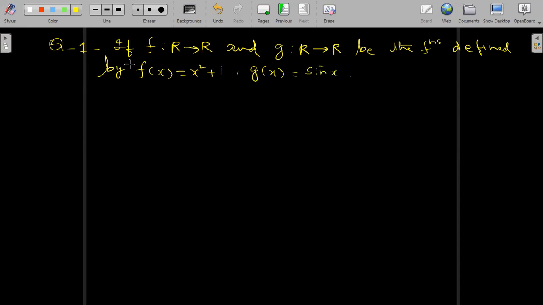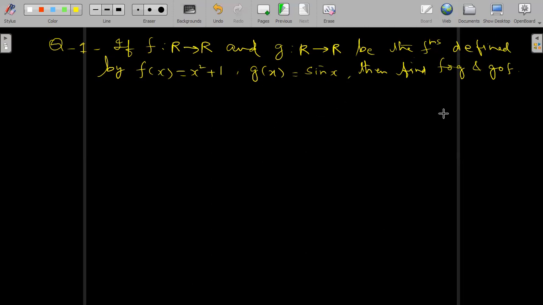Then find both FOG and GOF. FOG and GOF, both we have to find. G composite F and F composite G.